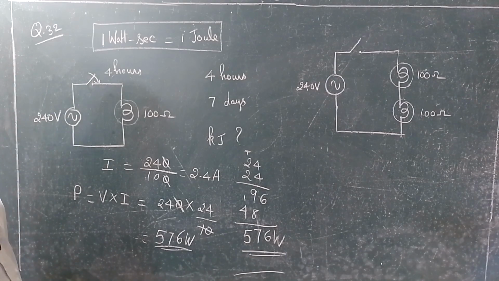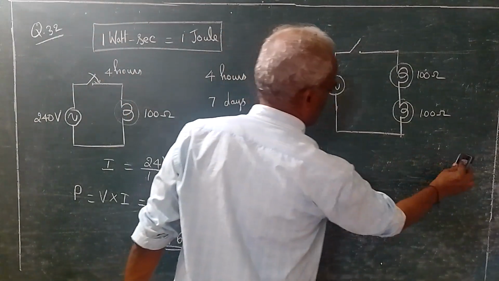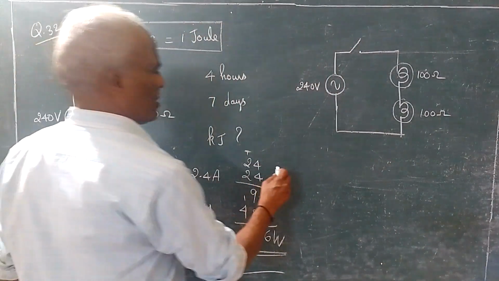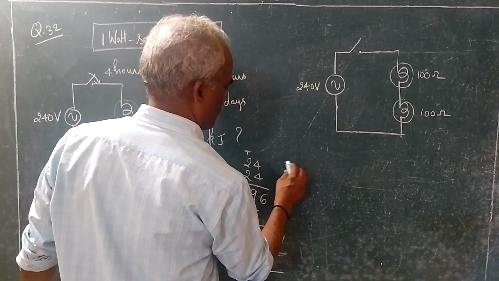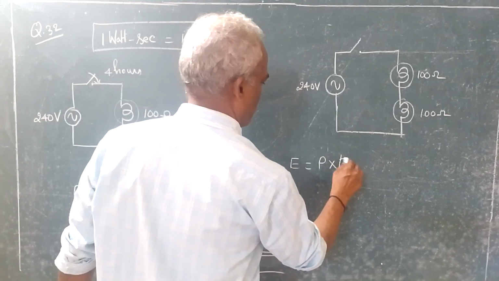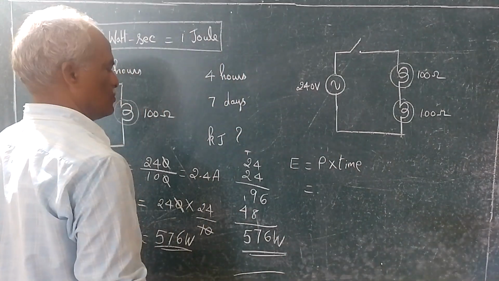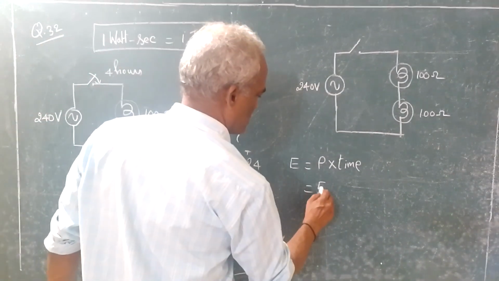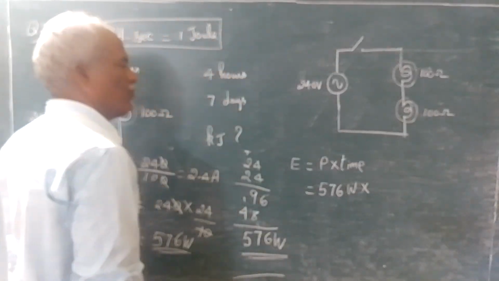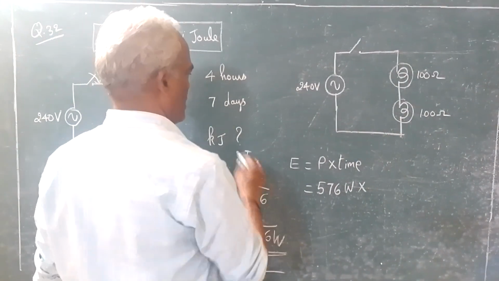So the next step will be, we have to calculate the energy. So for this case, energy is equal to power multiplied by time. Now we know power is 576 watt multiplied by time. Time 4 hours and 7 days.